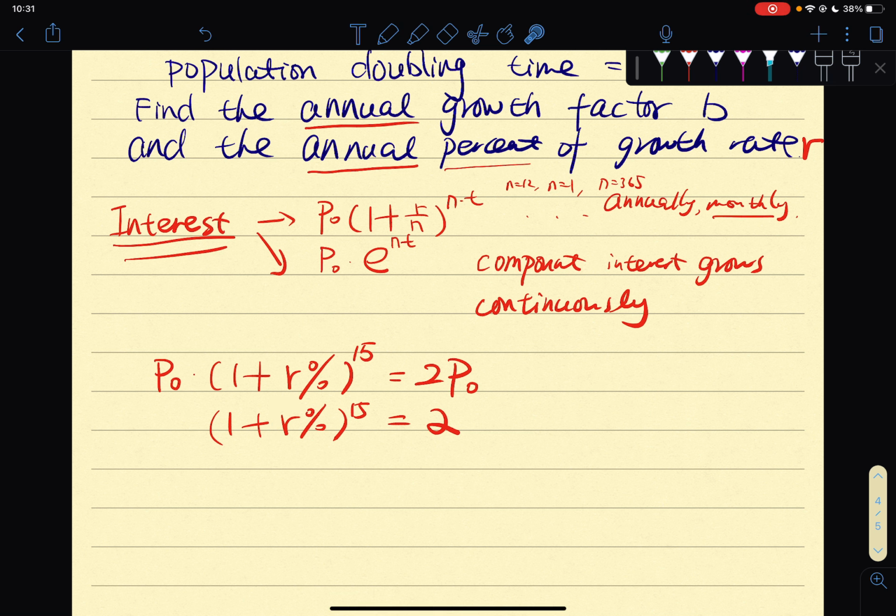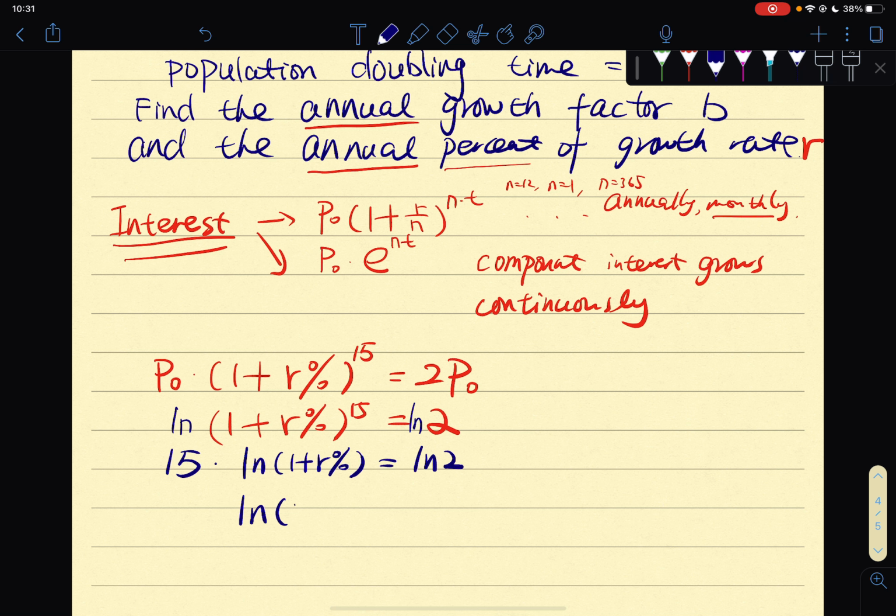In order to make my calculation easy, I can try to change the structure so it doesn't look like a problem with an exponential structure, which is relatively hard to solve. If you have an exponential structure, I can change it by moving the exponent to the front because I can take a log. So it's 15 times ln of 1 plus r%, which is the same as ln of 2.